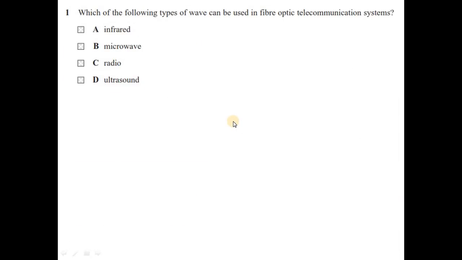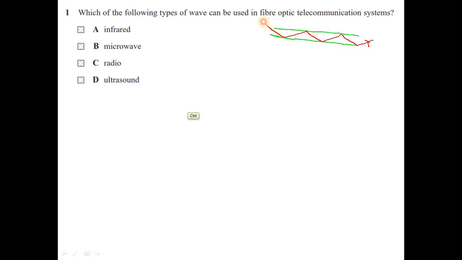Question number 1. Which of the following types of wave can be used in fiber optics telecommunication system? If you see, the fiber optics is a very thin wire in which light enters from one end and keeps internally reflected and then comes out.